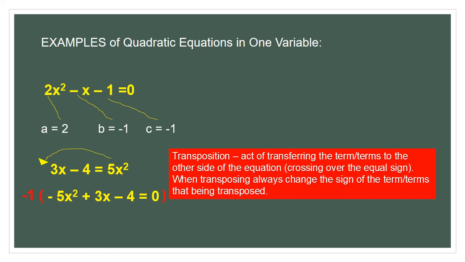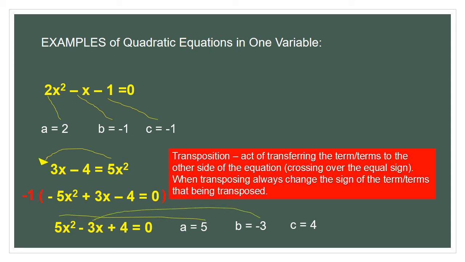So, ngayon, ang ating quadratic equation written in a standard form is 5x squared minus 3x plus 4 equals 0. So, with this format, we can easily give the A, B, and C. So, A is 5, B is negative 3, C is positive 4. Okay, class? Ang dali lang, di ba?